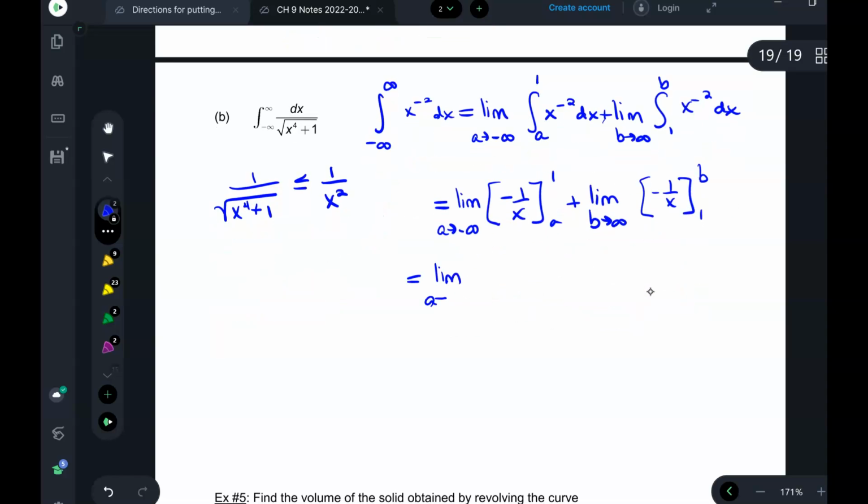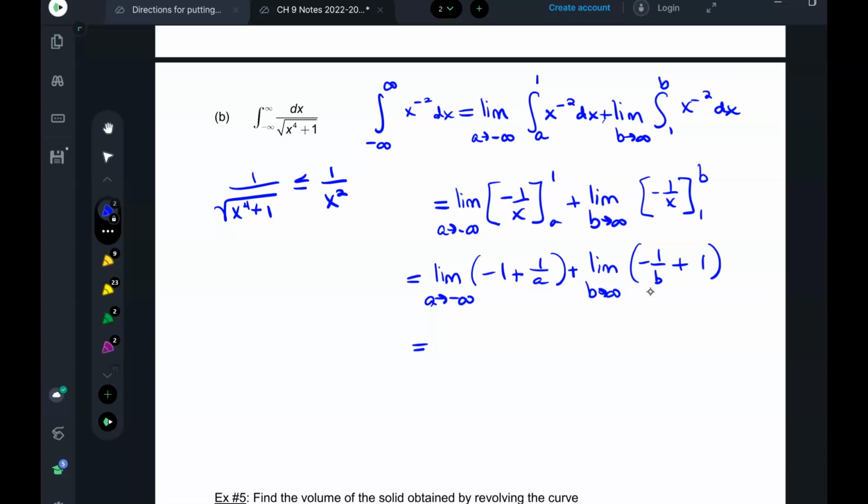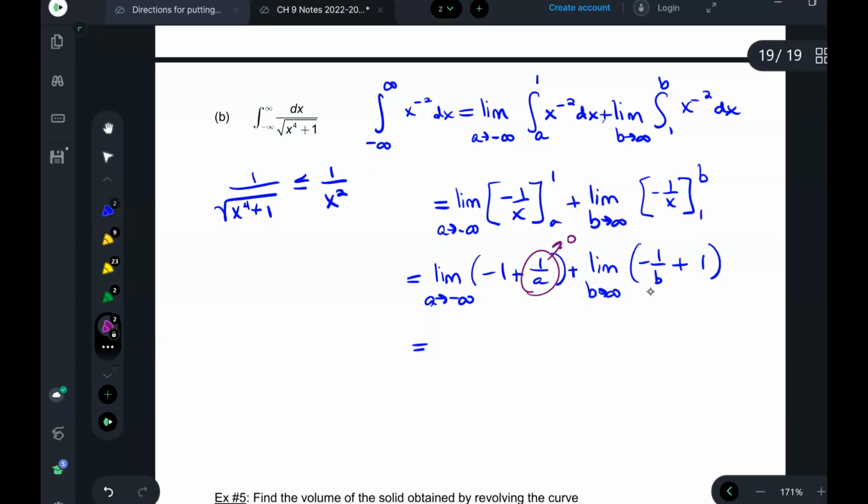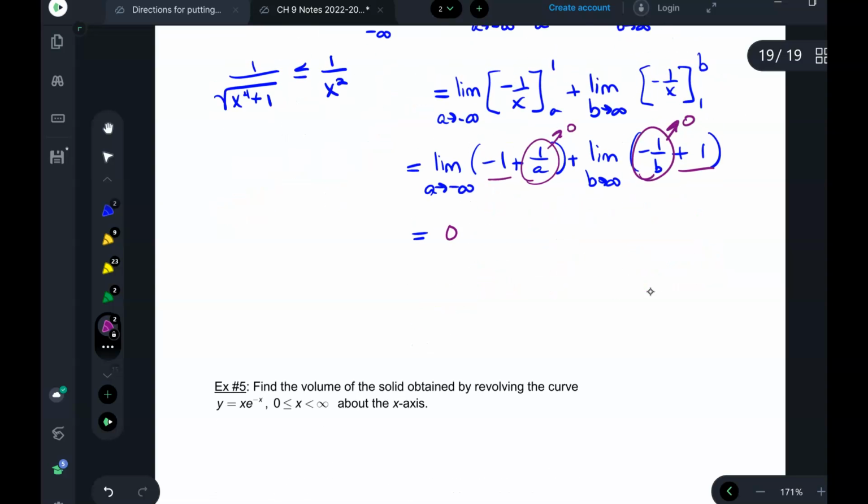So I have limit as a approaches negative infinity, negative 1 minus negative 1 over a, so plus 1 over a, plus the limit as b approaches infinity of negative 1 over b, minus negative 1. As we approach negative infinity, that's going to go to 0. As we approach positive infinity, that's going to go to 0. So I have a negative 1 plus 1 goes to 0.